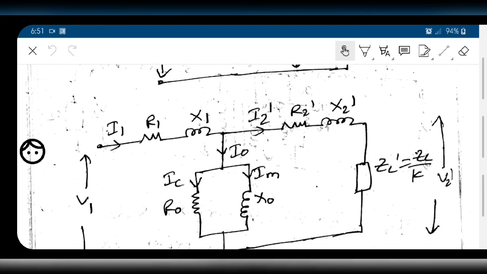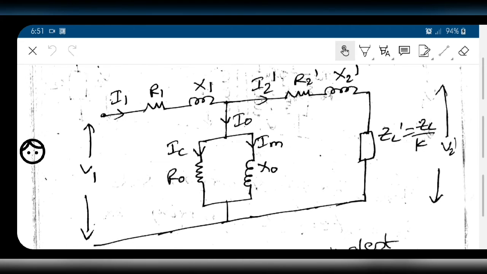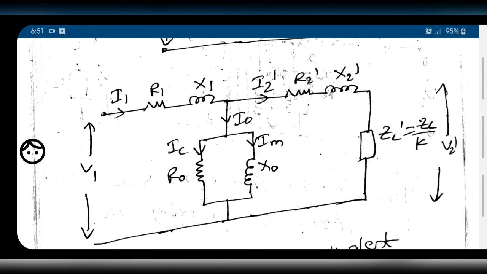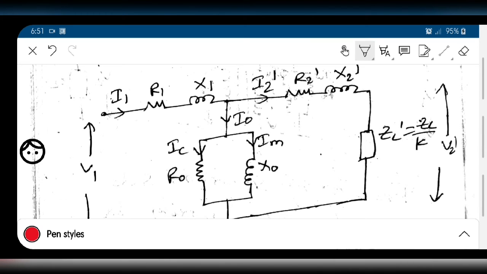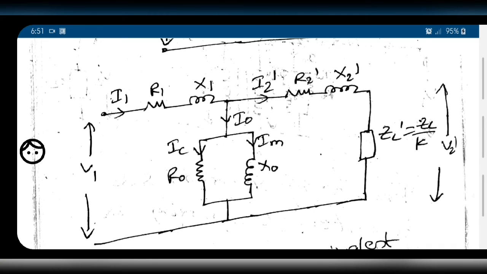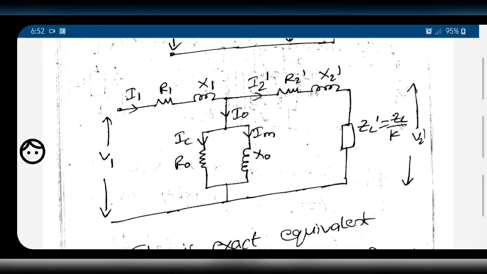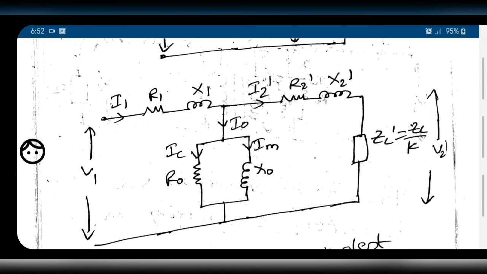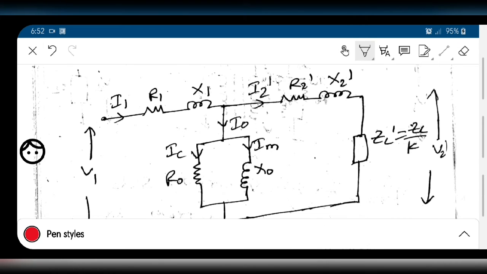Next, we will combine the primary circuit and secondary circuit and draw it here. In this circuit both primary and secondary circuits are drawn. You can see R1, X1, V1, I1, the primary side resistance and reactance, and the shunt branch.